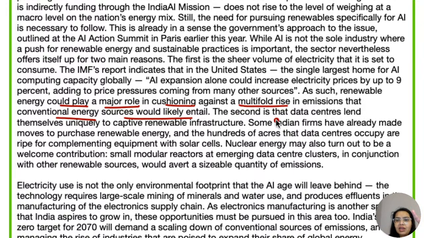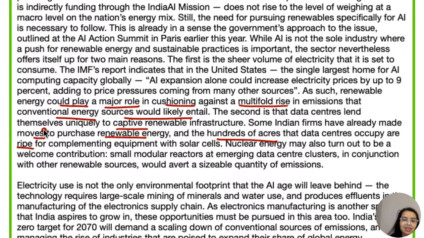The second point is that data centers lend themselves uniquely to captive renewable infrastructure. Now, the second thing is that data centers can go ahead with captive renewable infrastructure. Some Indian firms have already made moves to purchase renewable energy, and the hundreds of acres that data centers occupy are ripe.